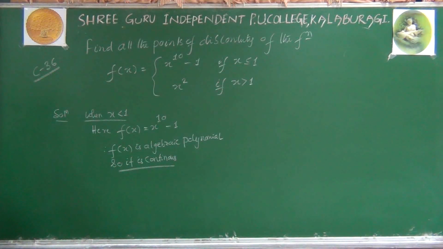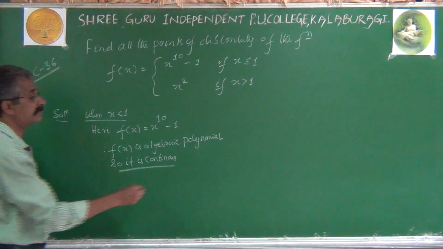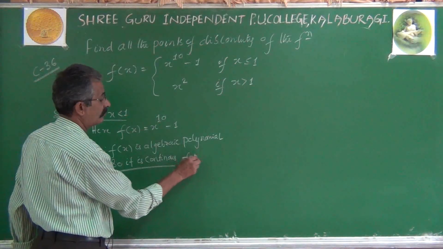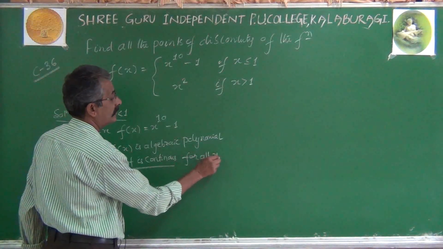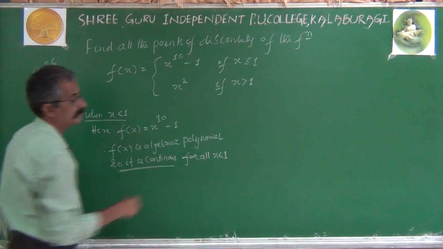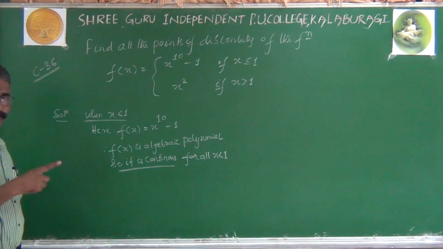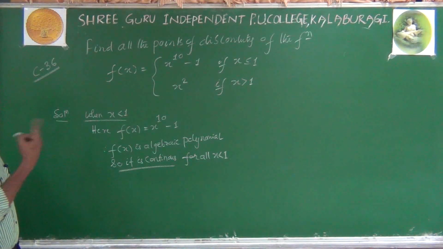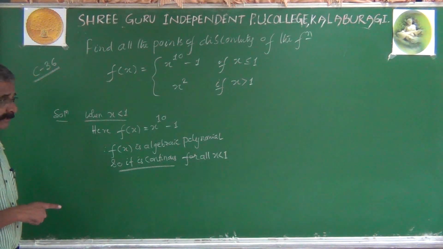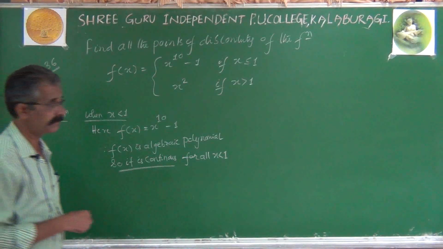In fact, it is continuous for all x less than 1, meaning 0.999, 0.9, 0.8, 0.7, till minus infinity. Excluding that, the function is continuous.